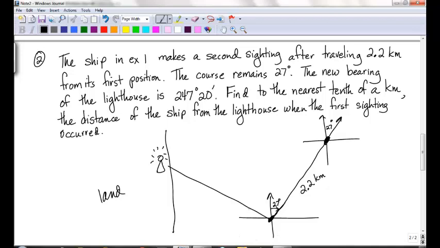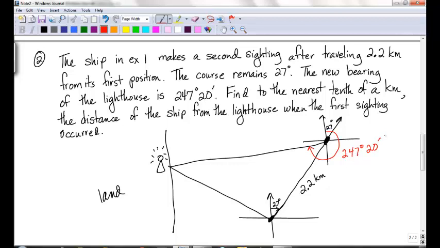Now the navigator sights the lighthouse, and this angle says the new bearing, and the bearing is from the north all the way around to here: 247 degrees 20 minutes.